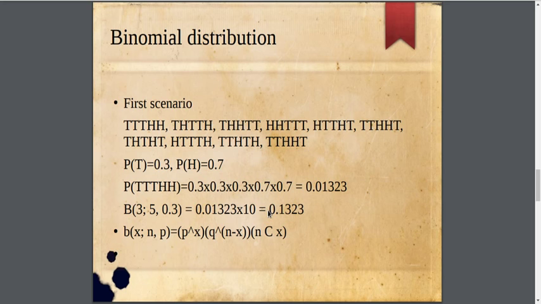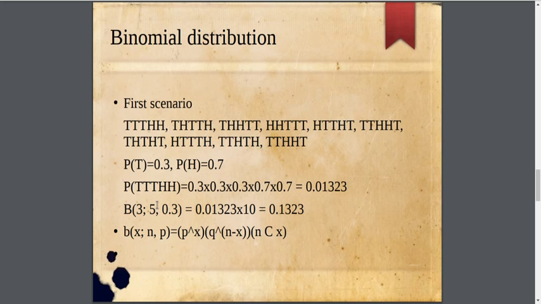And as I mentioned, you're interested in knowing the probability of getting 3 tails out of 5 tosses, in which case we just follow the same procedure as in the first example.